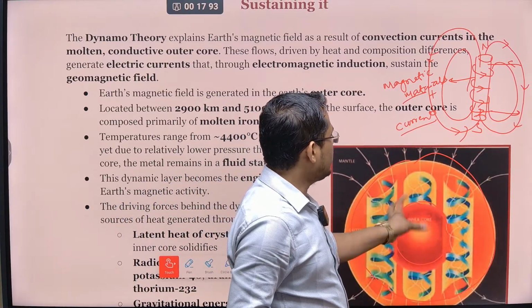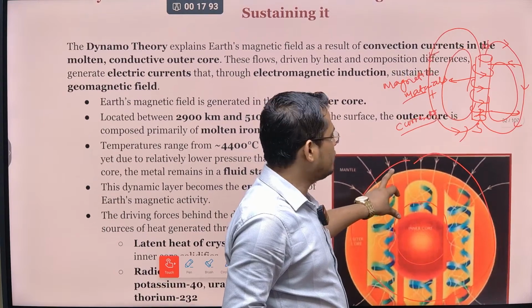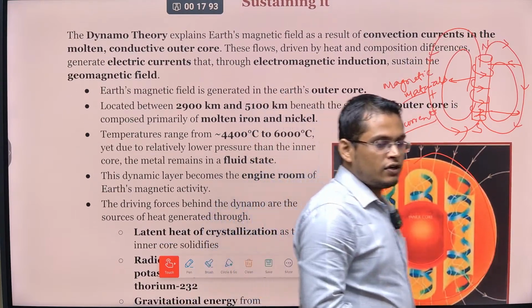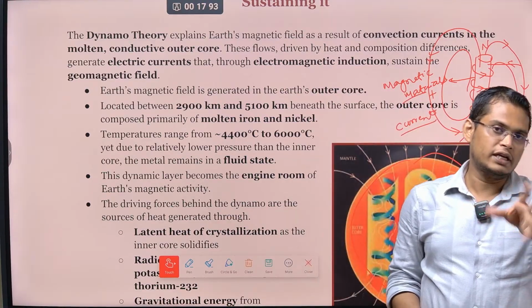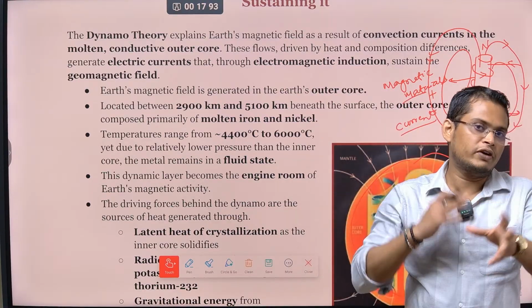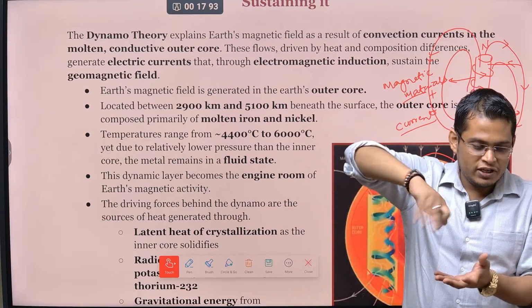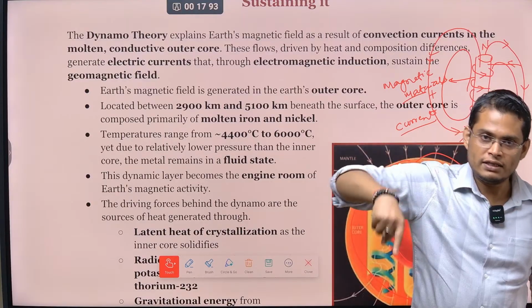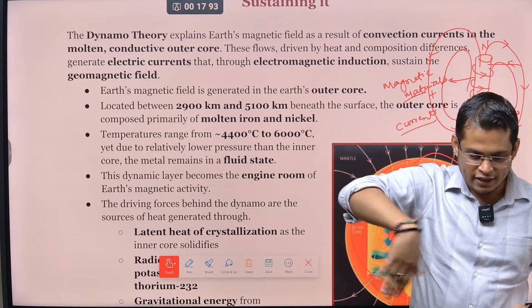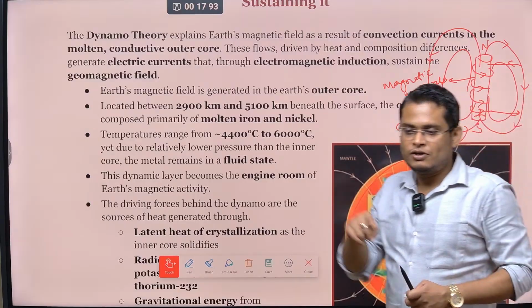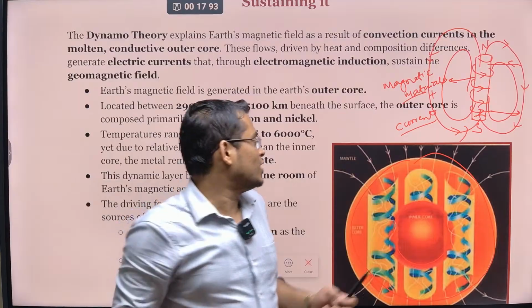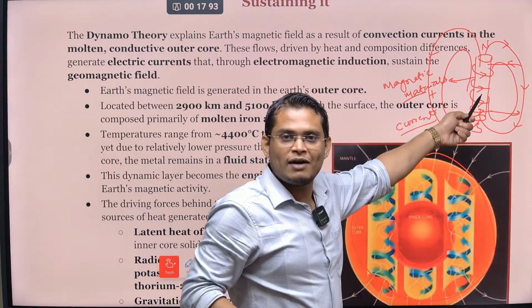The inner core is solid, the outer core is liquid. Whenever you rotate a liquid, it will curl and flow like an eddy. If you put your hand in water and stir it, the water moves like a coil. The same coil works here like a current.